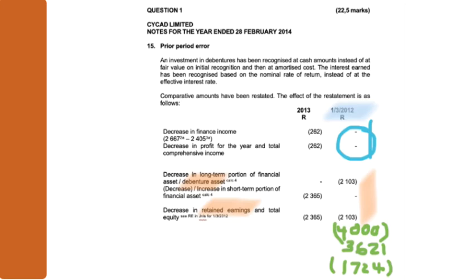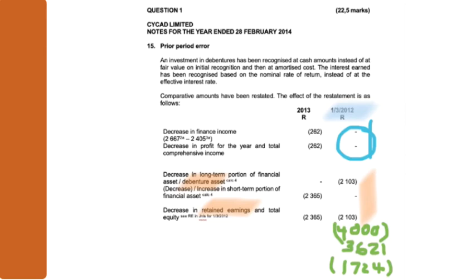Now, when we look at the debenture asset, we are looking at the SFP balances. Remember that you have both a current and a non-current portion that will be presented on your SFP. So we already had a look at the difference between current and non-current, between what was done and what should have been done.